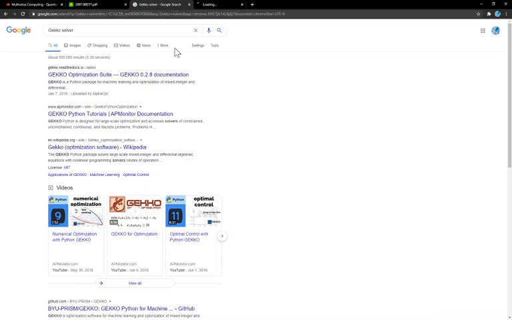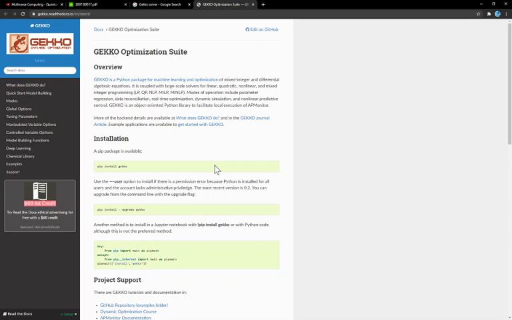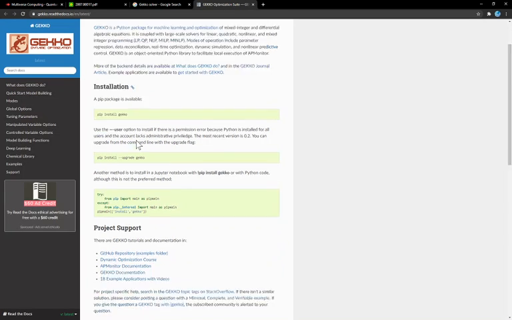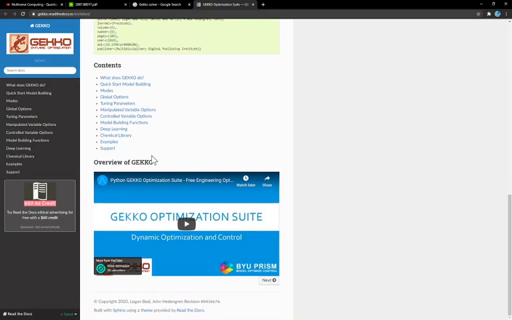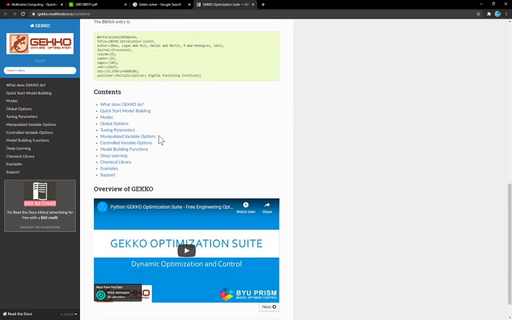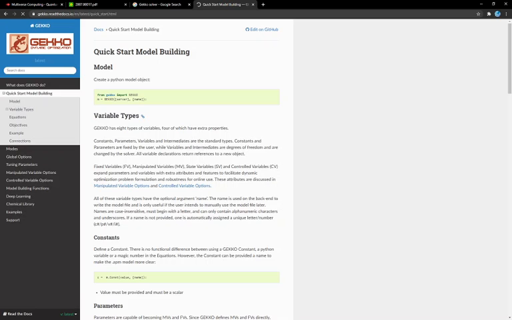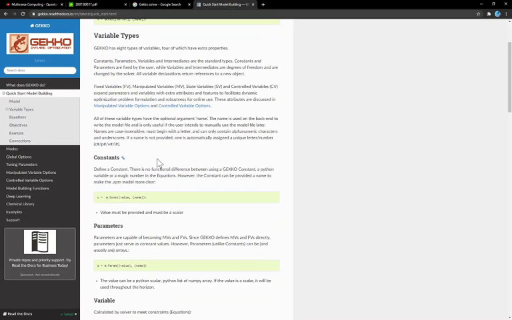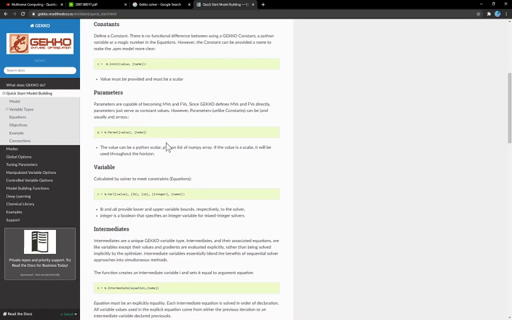Yeah, it's actually an optimization suite. Okay, so dynamic optimization. Okay, so I can probably use that. Quick start, model building. That will be worth investigating as well.